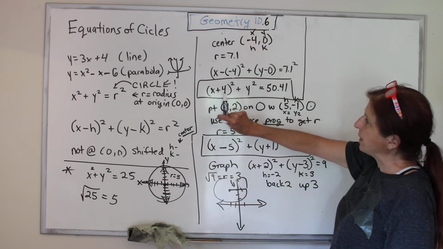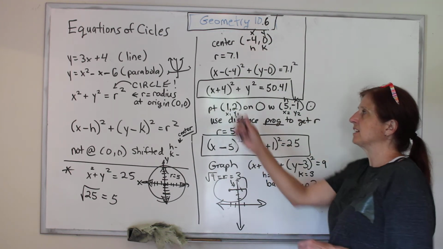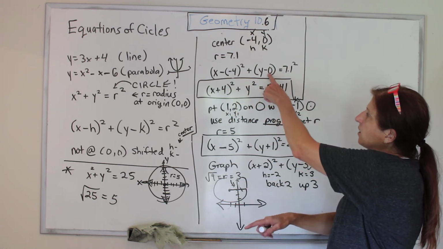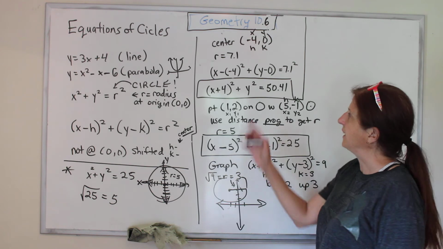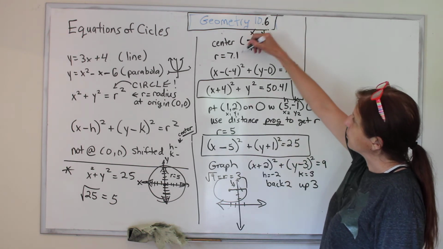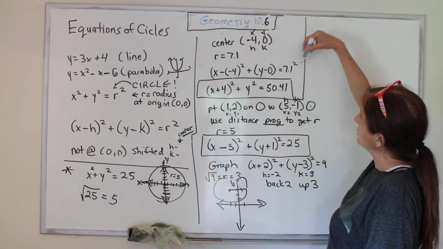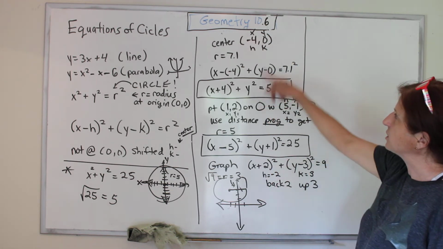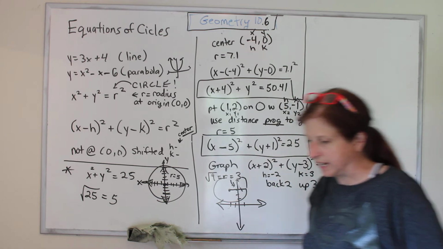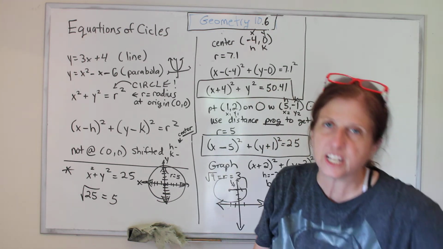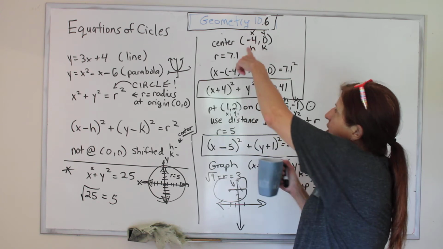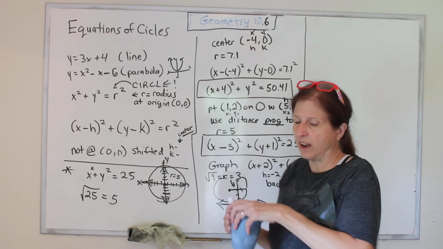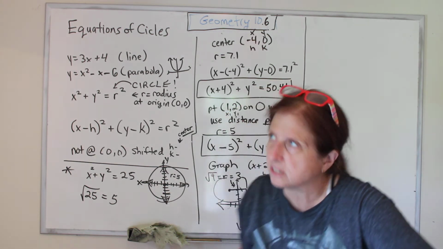Well, two negatives make a positive. So it's x plus 4 squared plus y squared, because that 0 we don't have to write down, and we can just write y squared. And the radius is 7.1, so we square it and we get 50.41. And that's the equation for our circle that we described. So on the SAT, they will give you the equation and make you match it to the graph, or they'll give you the graph and make you match it to the equation, both ways.